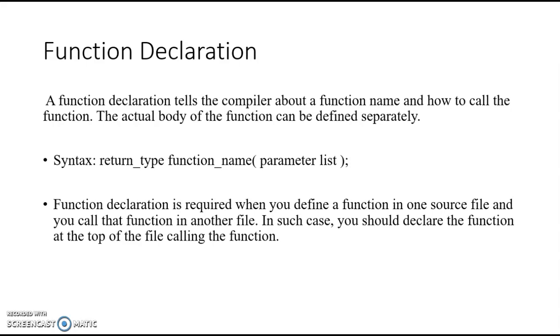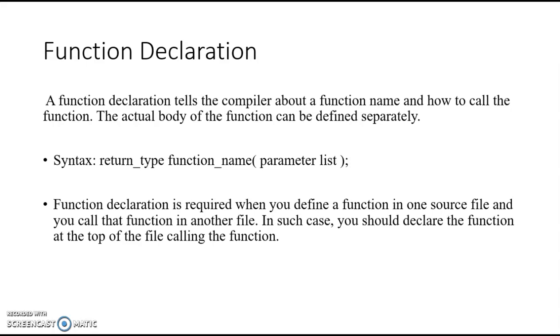So always keep in mind your function definition should be either before the void main or after the void main. That doesn't matter. But before the function definition, you have to write the function declaration.